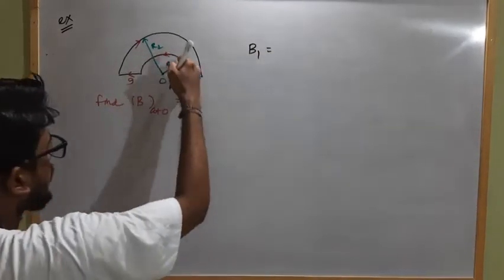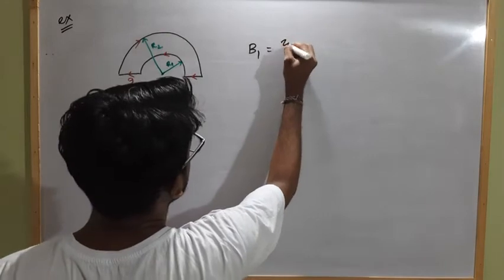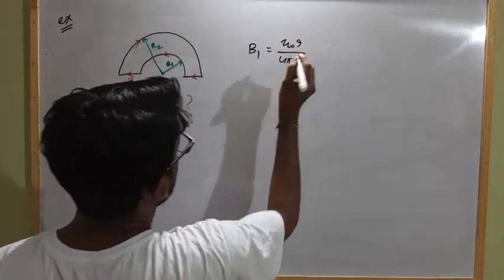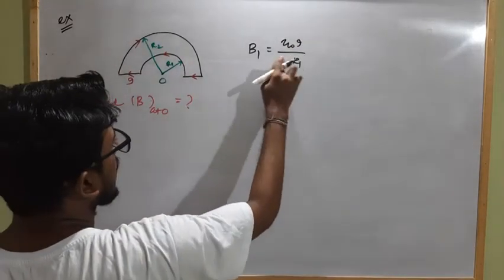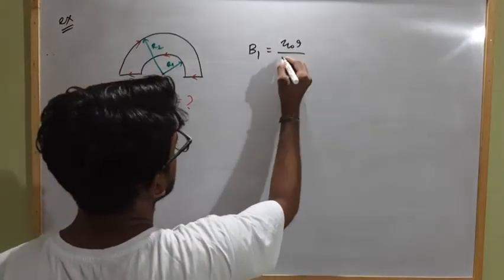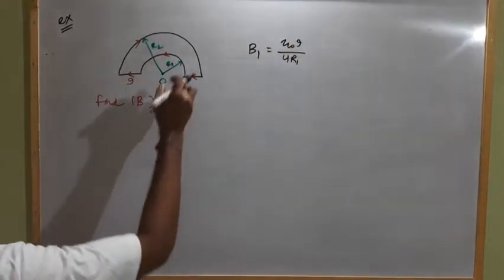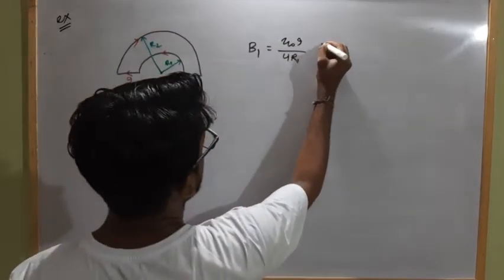This is a semicircular arc carrying current I and radius R1, so B1 will be mu naught I by 4 R1. This is a semicircular arc. Clear? The current is anti-clockwise, so the direction will be outward.